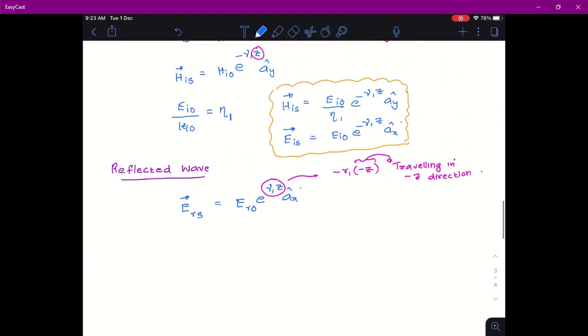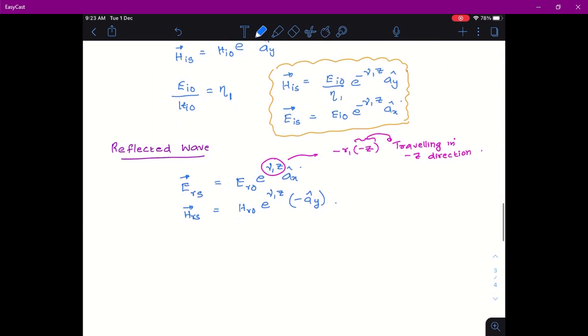Similarly, I can write HRS is equal to HR0 e raised to gamma 1 z, minus AY cap. So this I can write as minus ER0 by eta 1 e raised to gamma 1 z AY cap.